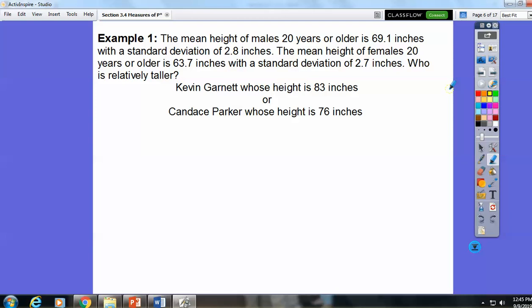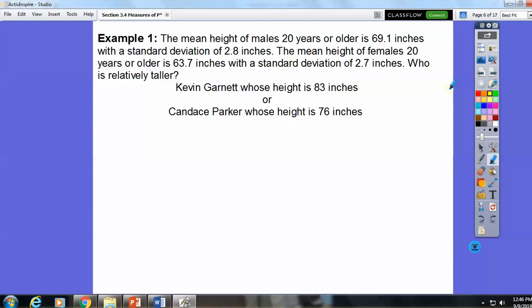The mean height of males 20 years or older is 69.1 inches with a standard deviation of 2.8 inches. The mean height of females 20 years or older is 63.7 inches with a standard deviation of 2.7. Which of these people is relatively taller? Ken, who has a height of 83 inches, or Candace, who has a height of 76?